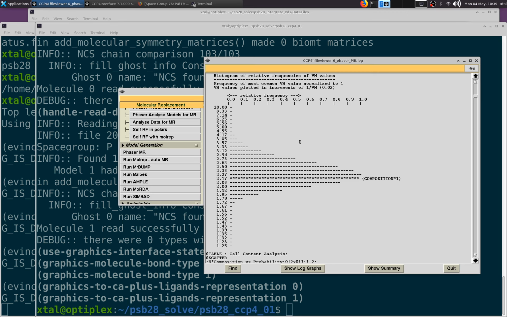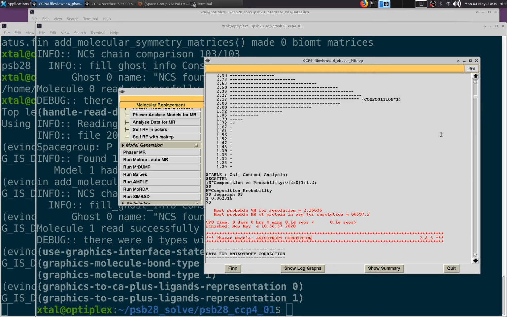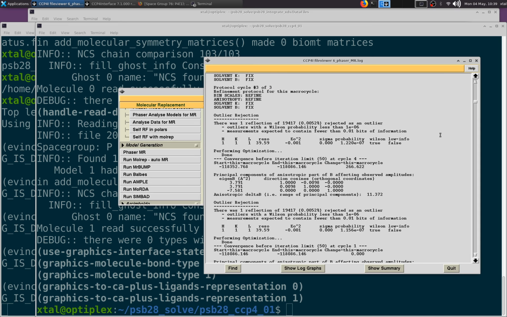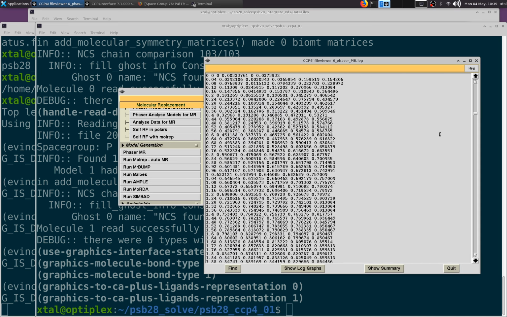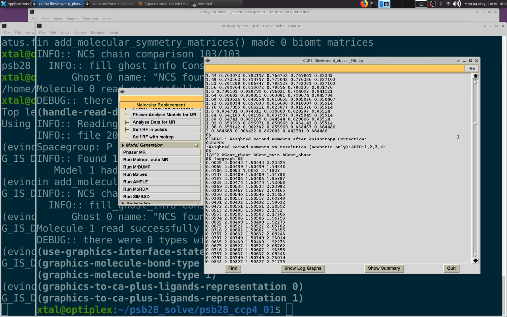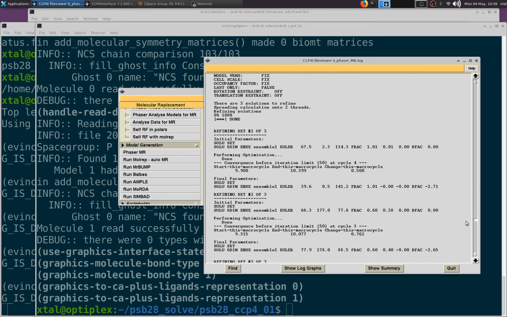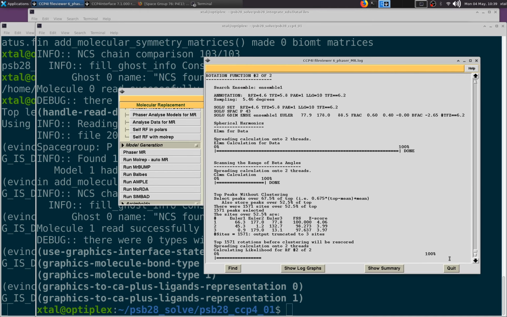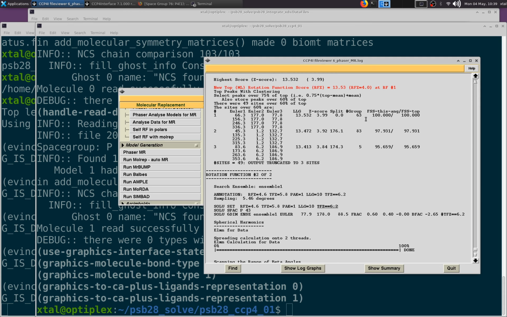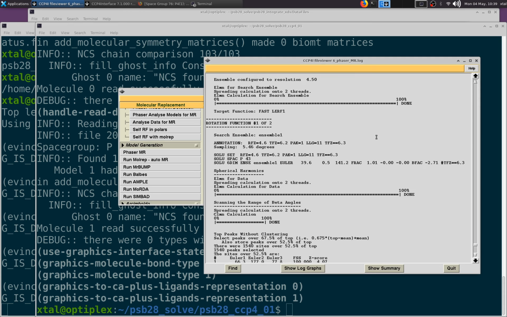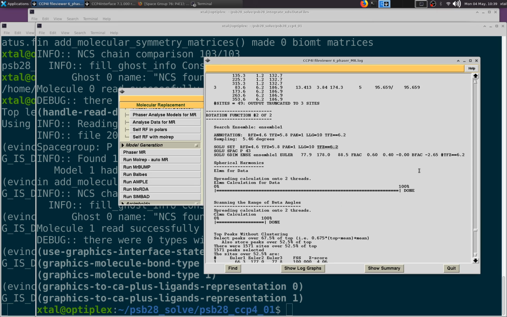Actually, that's not based on my input, that's just based on the average solvent content. And then it does rotation functions and translation functions. And it does multiple copies, so I'm seeing quite high TFZs for searching just 1 dimer.